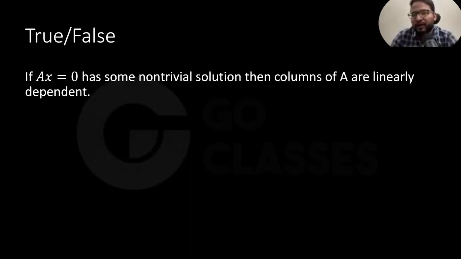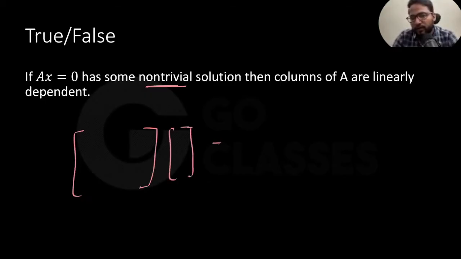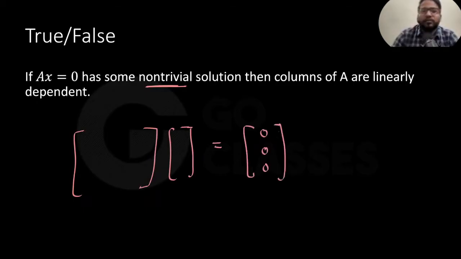If Ax equal to 0 has some non-trivial solution, what does this mean? Let's first understand what Ax equal to 0 is. This is A, this is x, and this is 0, everything is 0. Let's suppose this vector is small a1, this vector is small a2, this vector is small a3.